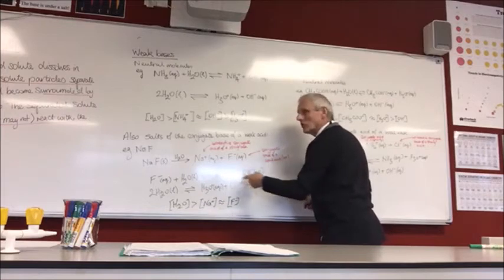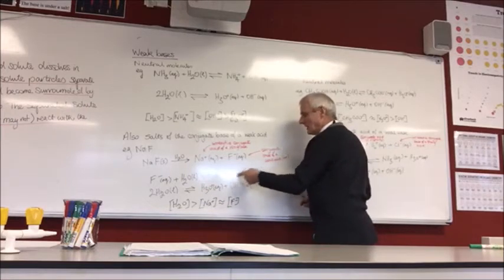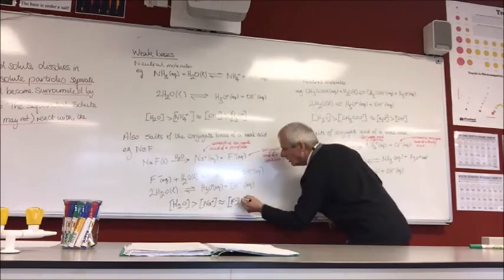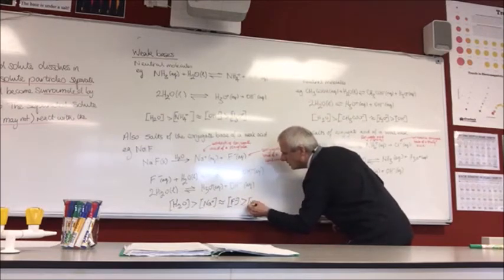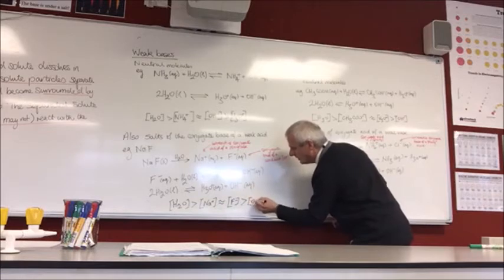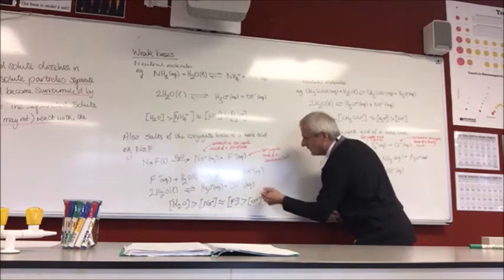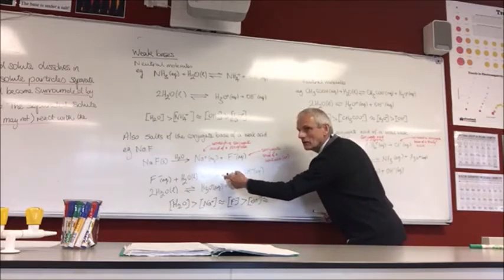Now we've got these two. Now this one's going to be slightly greater than that one because it's two reactions that produce it. So I'll put OH minus next. And that's going to be approximately the same as HF.